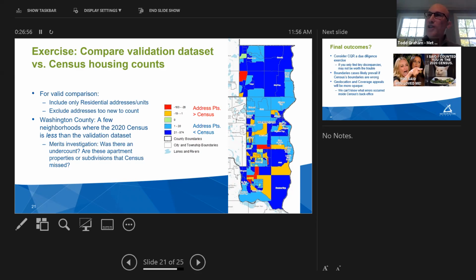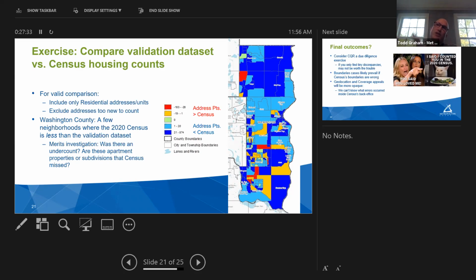Well, good news for Washington County. All these areas that are green or blue look pretty good compared to the 2020 census counts. There's really only a handful of places, it looks like Woodbury, Cottage Grove, and Hugo, Minnesota, where we have a couple of block groups that are red, indicating that the address points database had 20 to 180 more residential addresses than were counted by Census Bureau.